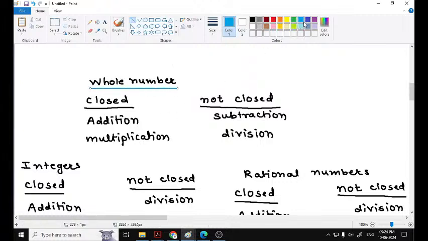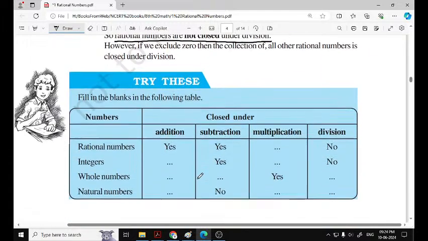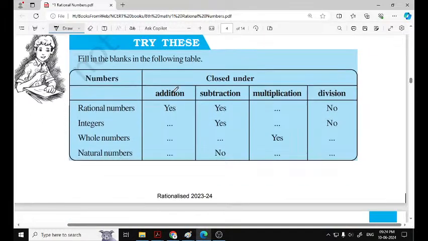Whole numbers, integers and rational numbers. Rational numbers are closed under addition, subtraction, multiplication and not under division.